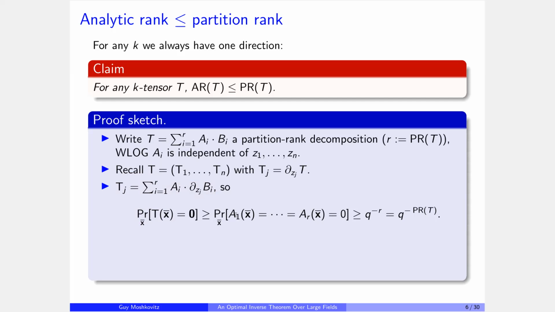But these are just R polynomials, and then you can show using basically linear algebra, because the A_i's are multilinear polynomials themselves, that this is at least Q to the minus R. R is what we denoted the partition rank, so we're done, right? Because we showed that the analytic rank is at most the partition rank. Okay, that was a bit quick, but again, Alex roughly went over this. Feel free to stop me with any questions.